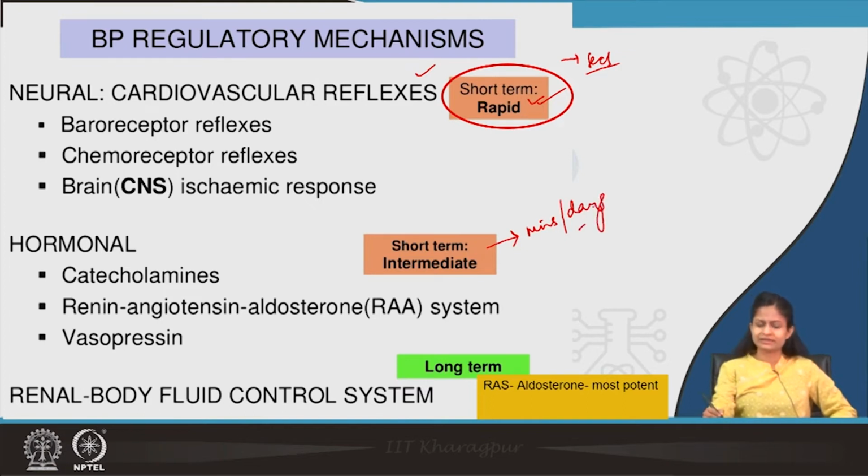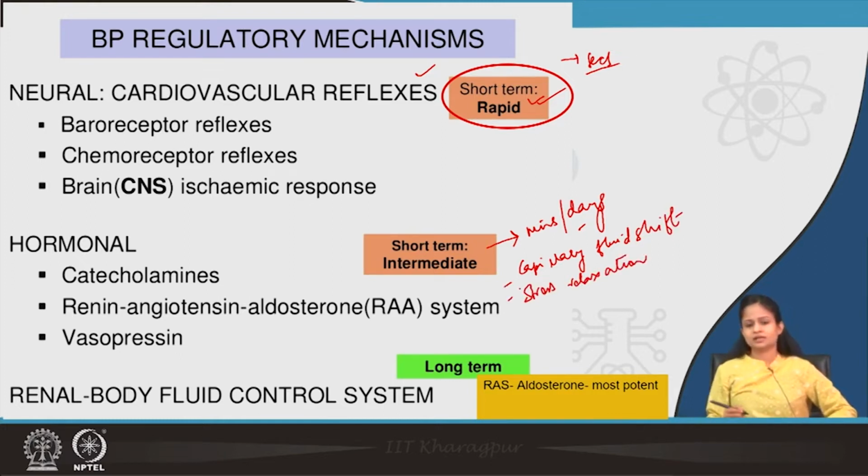It usually takes minutes or days to bring the blood pressure back to normal, and here we have catecholamines, vasopressin, angiotensin 2 mediated actions. Then we have the capillary fluid shift mechanism. Then we have stress relaxation of the blood vessels. So, these are the various mechanisms by which the intermediate blood pressure regulatory system works.